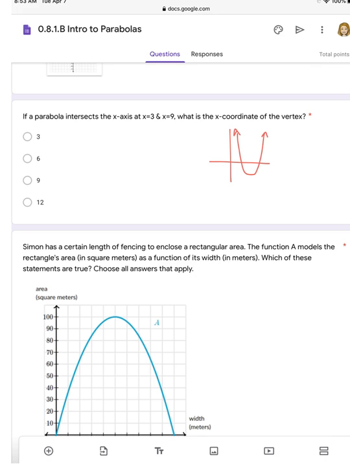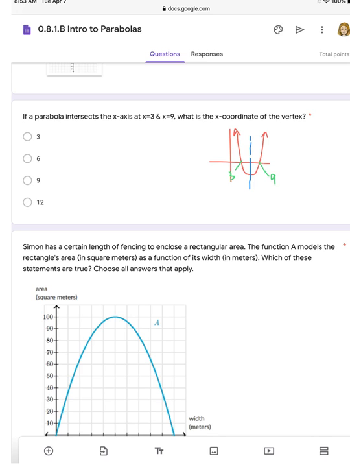So you're going to have this parabola, and it's going to have this line of symmetry, or axis of symmetry. You'll hear it referred to as both of those. And that line is going to divide this in half. So you have an x-intercept here at negative 3 and an x-intercept here at 9. Your vertex has to be right in the middle of those 2 x-intercepts.